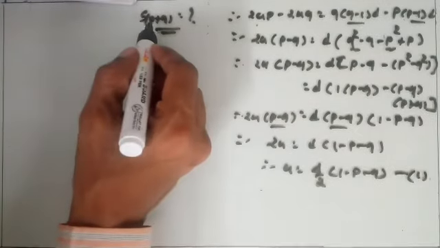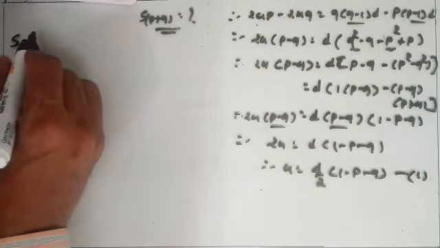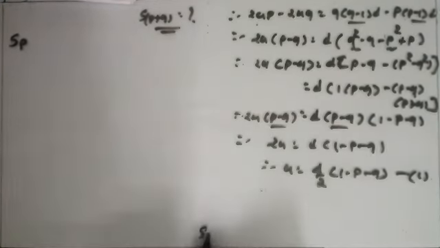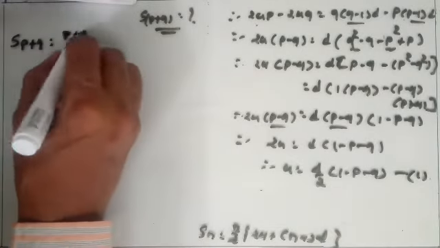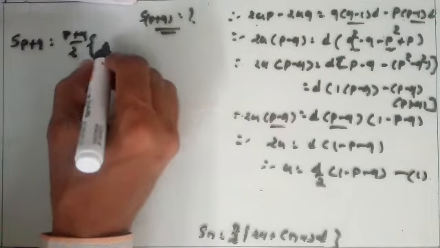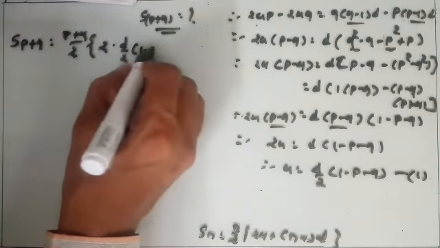Now to get the sum of P plus Q terms, we know that Sn is equal to n by 2 into 2A plus n minus 1 into D. Using this formula, find S of P plus Q. S of P plus Q is equal to P plus Q by 2 into 2A, where the value of A is D by 2 into 1 minus P minus Q. Clear?